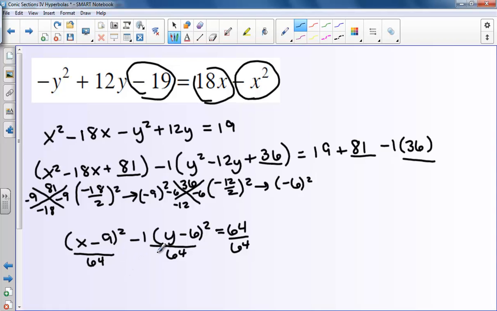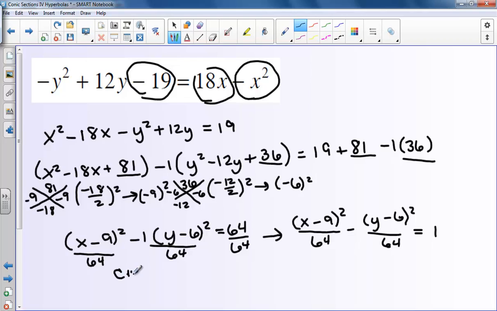And there really isn't anything to simplify here, so my final equation will be (x - 9)² over 64 minus (y - 6)² over 64 equal to 1, with a center of (9, 6). And my a and b values would both be the square root of 64 or 8.